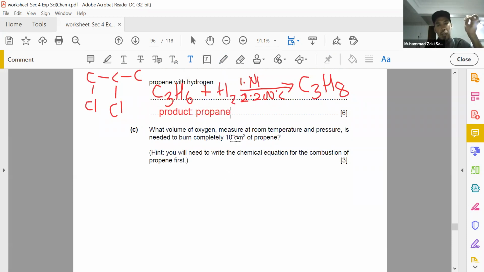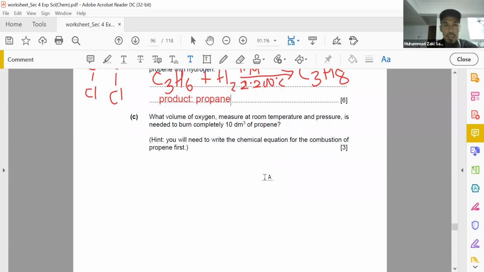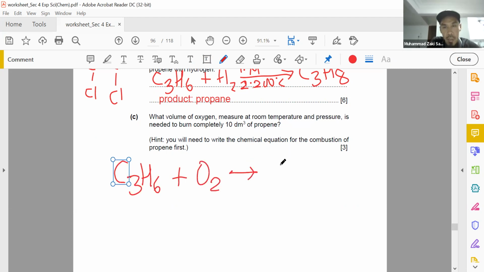Right. Last question. What is the volume of oxygen, measured at room temperature and pressure, needed to burn 10 dm3 of propane? This is more of a concept question. Let's read the question first. Always write down the equation. Propane, C3H6, plus O2 will give you carbon dioxide and water.